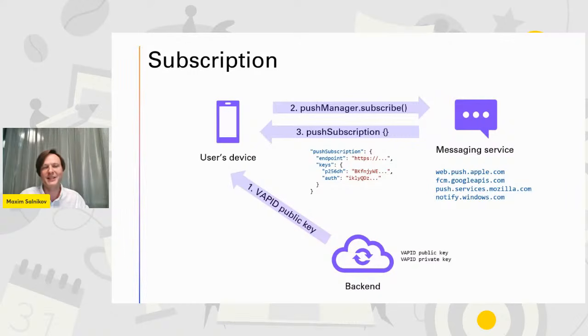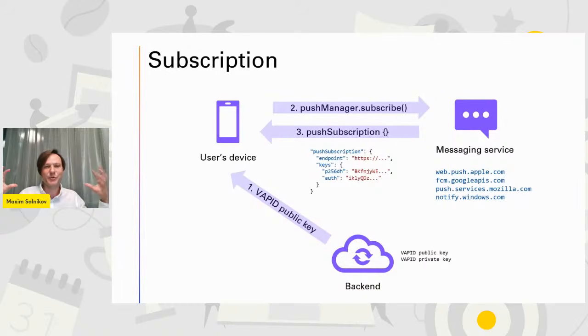You might easily imagine that the messaging service is strictly attached to a particular browser vendor. So if our user is registering from, for example, Microsoft Edge, the messaging service in the game here will be the one from Microsoft, and it will return a push subscription object with something like notify.windows.com, and then a long hash, a long string with random characters.